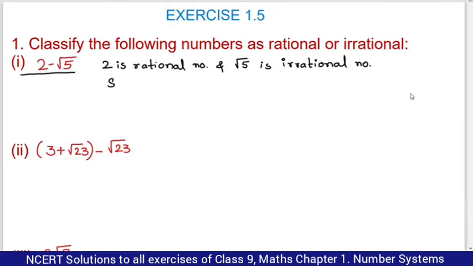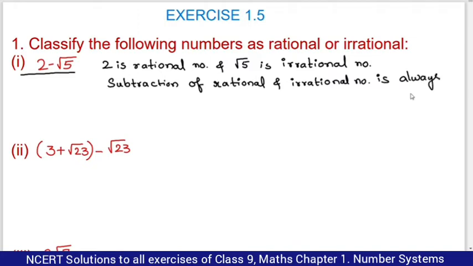Subtraction of a rational number and an irrational number is always an irrational number.